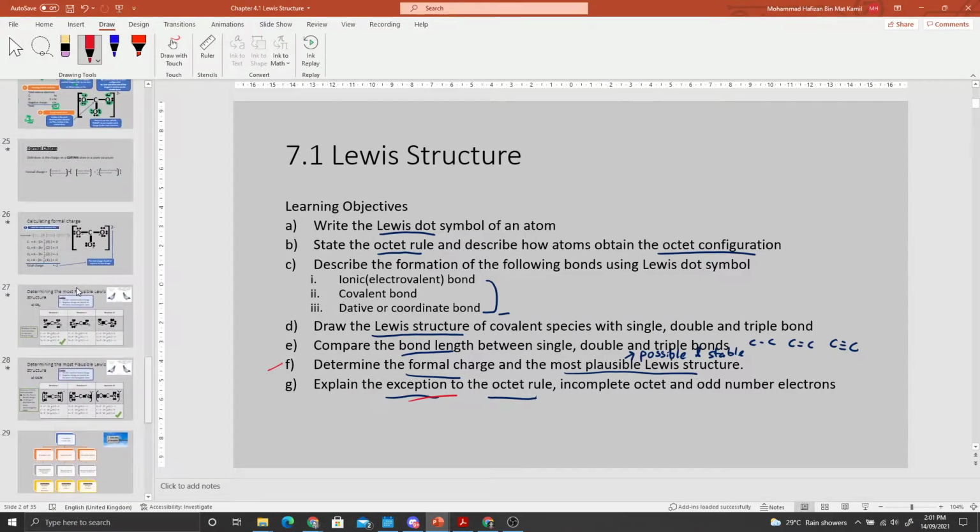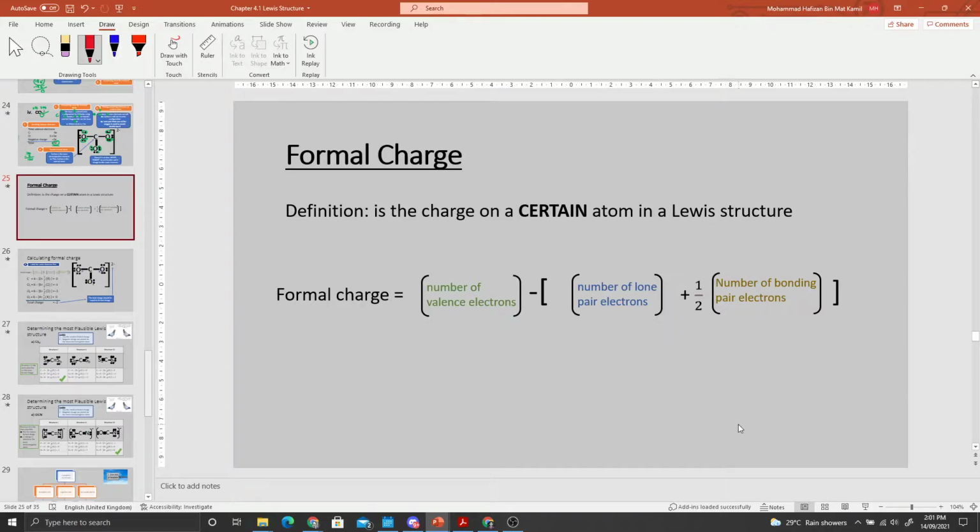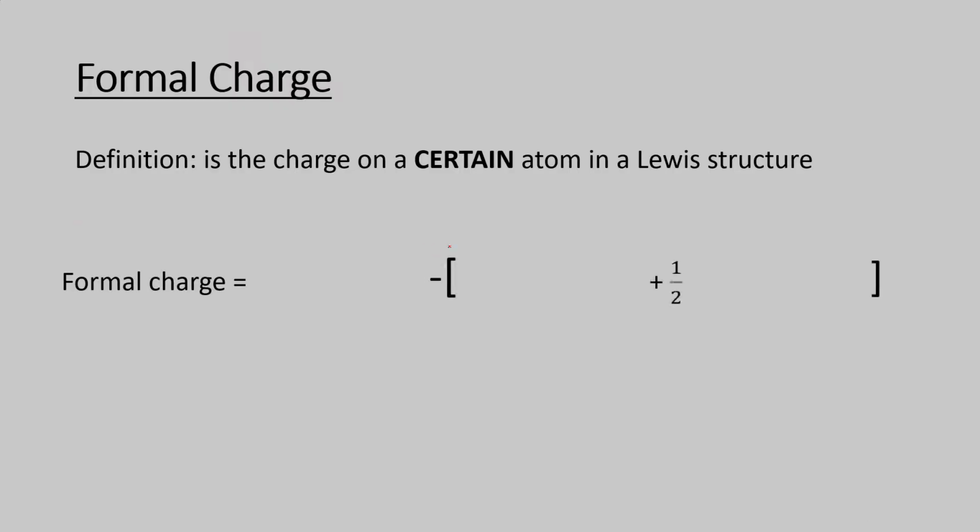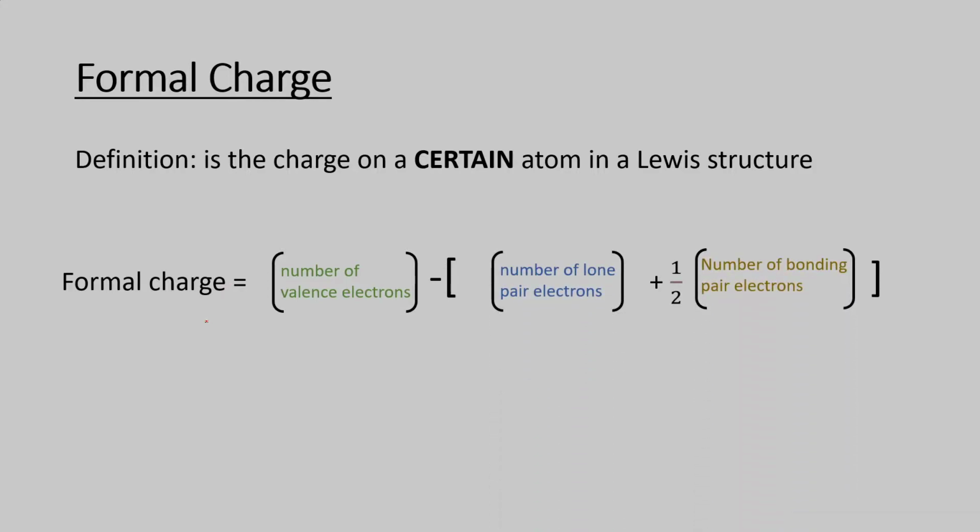So let's see formal charge. Yesterday I dah terangkan, it is not an actual charge. It's just a charge that determines dia punya electronegativity. So this formal charge yang kita tengok ni is determined.